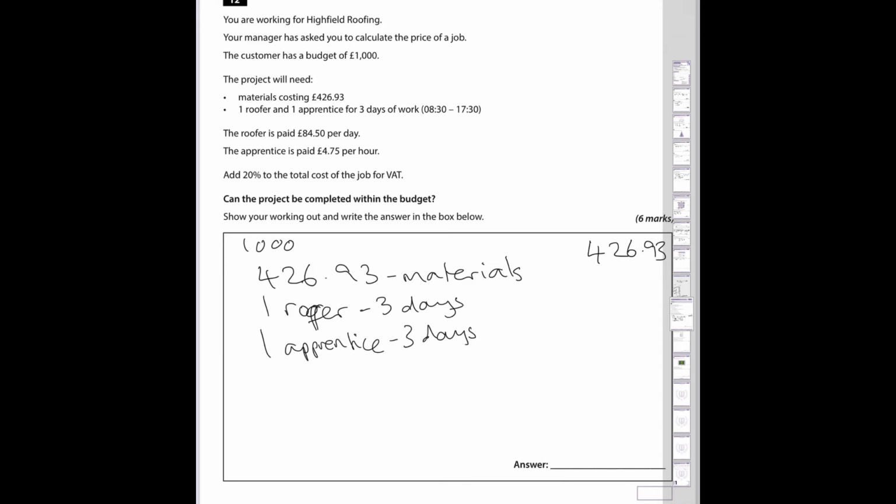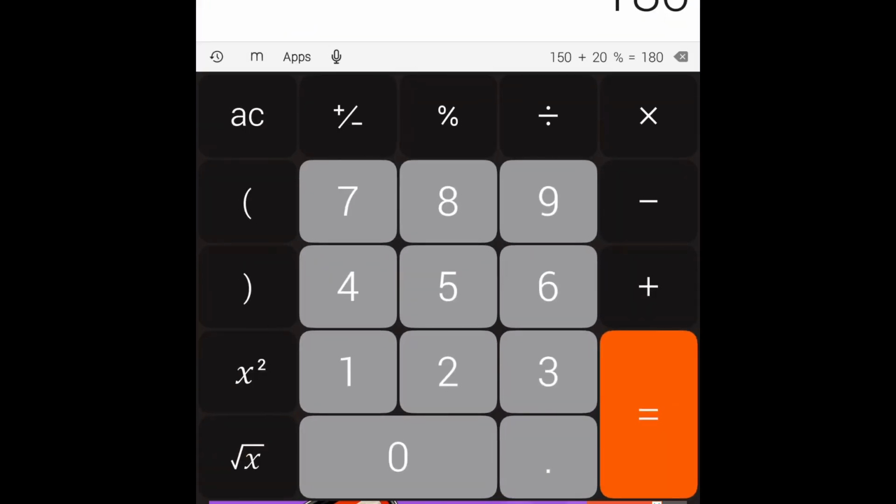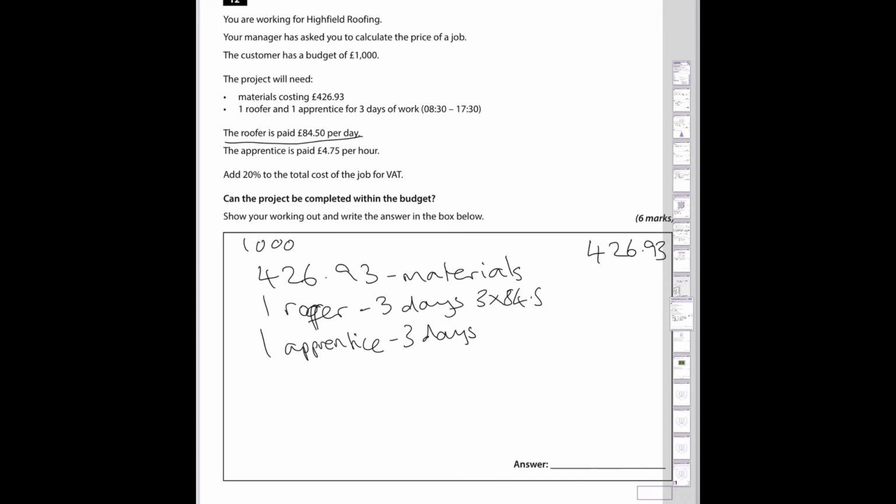Okay, so the roofer is paid £84.50 a day, so that's nice and easy. We just do 3 times 84.5. It's £253.50. So we put that number over here, 253.